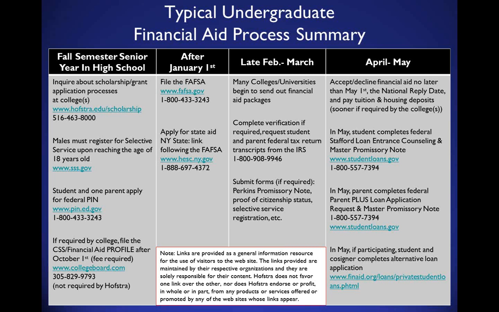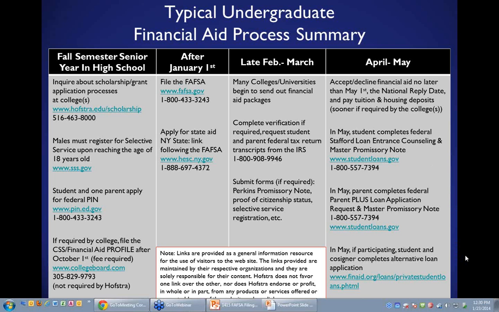We would ask you then to submit any other kinds of forms if necessary, like your Perkins promissory note if your student was eligible, proof of citizenship status, selective service, and so on. And then in April, May, we would like you to accept or decline the financial aid no later than May 1st, again, the national reply date, and you would pay your tuition and housing deposits sooner if required by the individual colleges.